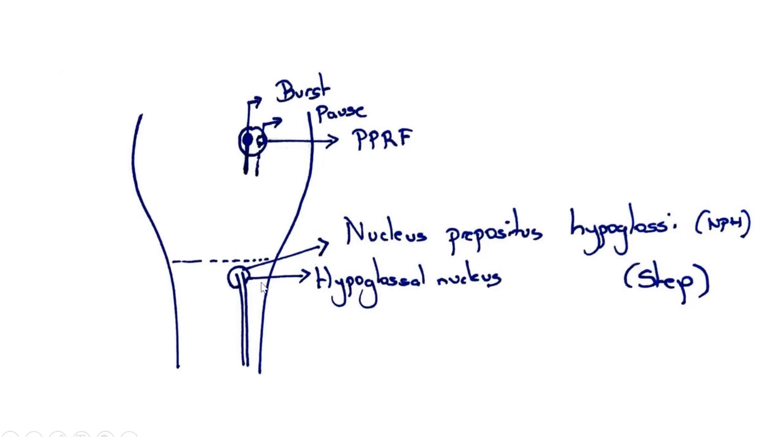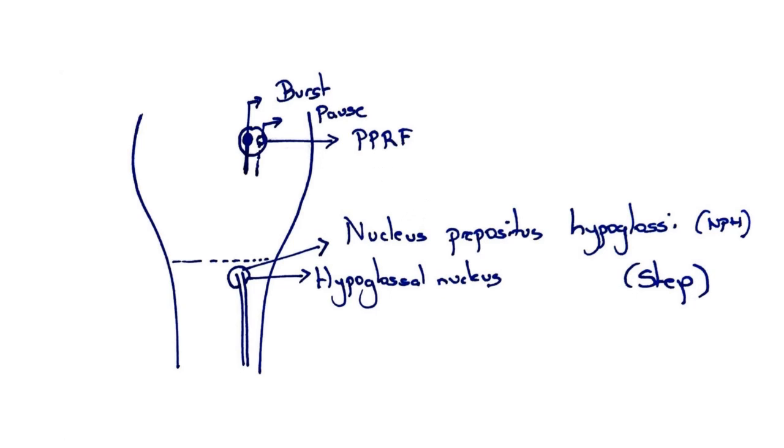The step neurons are required to slowly control the activity of the burst neurons in such a way that the patient is able to maintain lateral gaze. So in other words, the burst neuron will cause the person to look laterally, and the step neurons make sure that the burst neurons continue to fire in the exact amount required to maintain this particular lateral gaze.